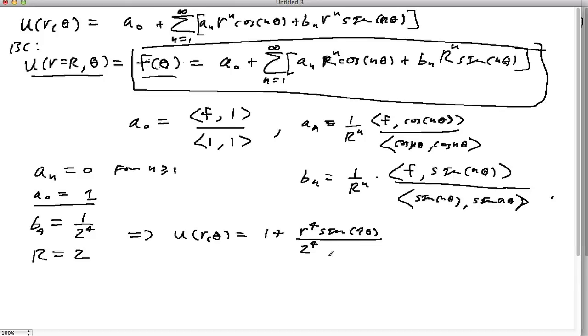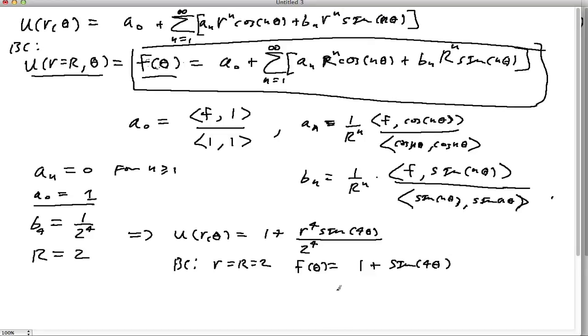Okay? So with this solution here, we can actually plot what this looks like. So again, the boundary condition for this then is, if I put r equal to capital R, which is equal to 2, f of theta is equal to 1 plus sine 4 theta. All right, so that's the boundary condition.